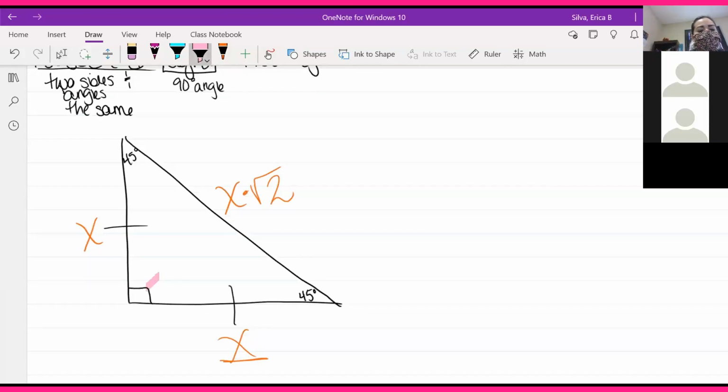So notice how this hypotenuse is going to be across the 90-degree angle, and notice how the hypotenuse does not touch that 90-degree angle. So be very conscious about that. My hypotenuse is always across the 90-degree angle, and it is never going to touch that 90-degree angle.